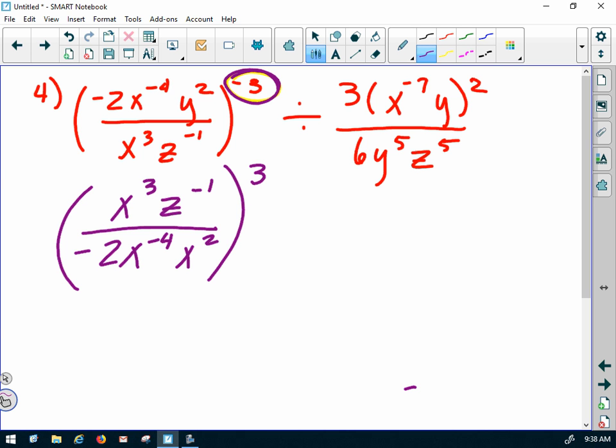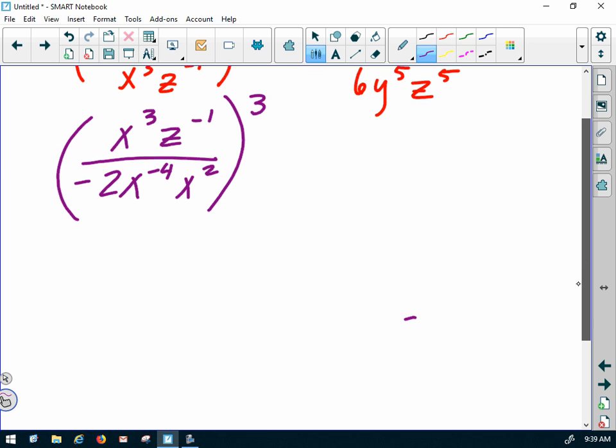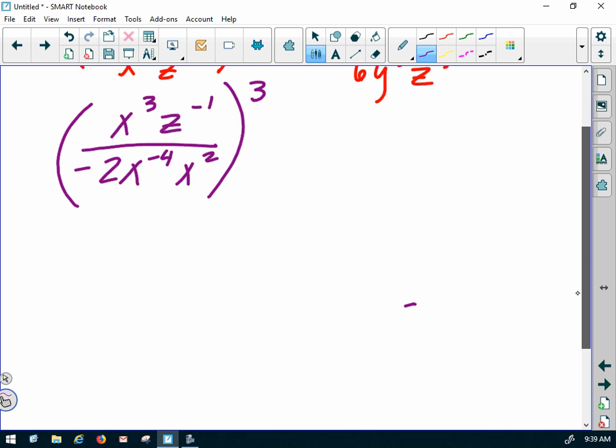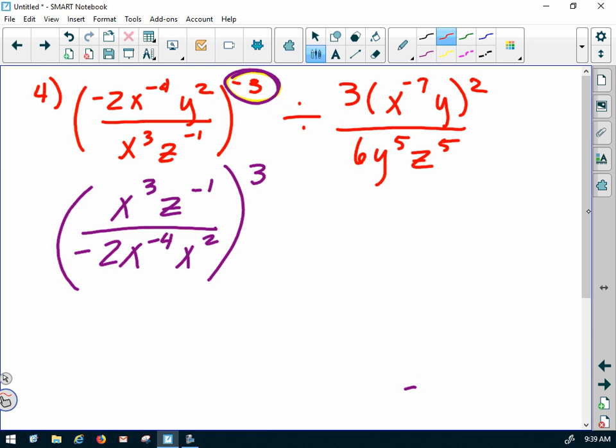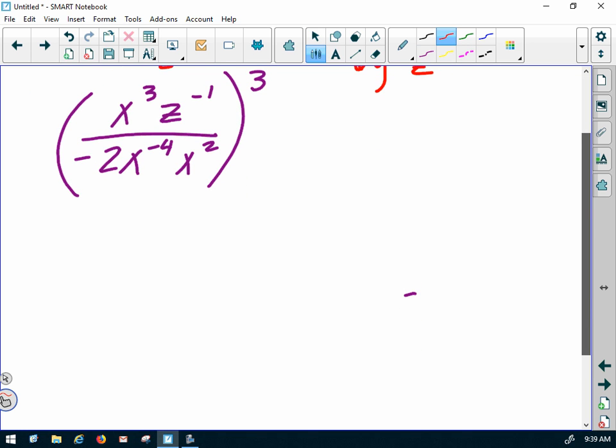Now, golly, there are so many different ways you could do this problem. Probably every one of you could take a different path and get the same answer. Let's raise each of those things to the third power.